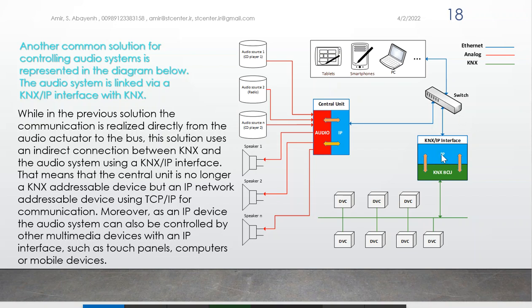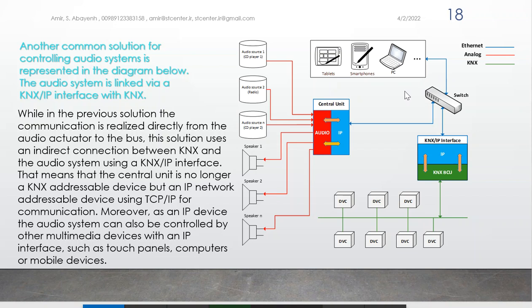Use the KNX IP interface and send the command to the KNX IP interface. It goes to the switch, and from the switch is transmitted to the central unit and controls the sound system. Okay, of course you can connect the PC, smartphone, tablets, and so on with the switch. If it's Wi-Fi, with the Wi-Fi source. Okay, so this is something typical nowadays. We use it.